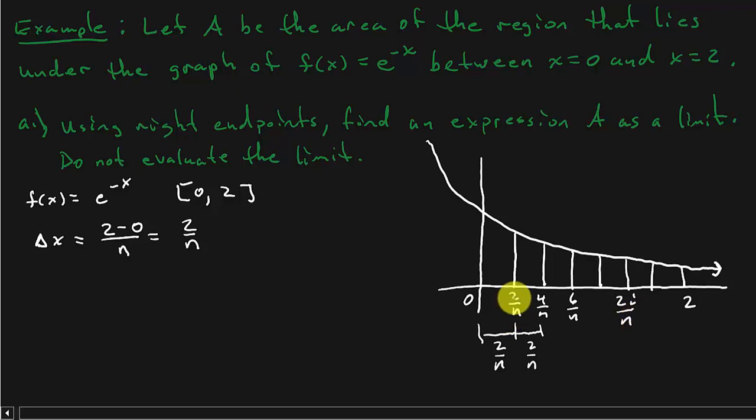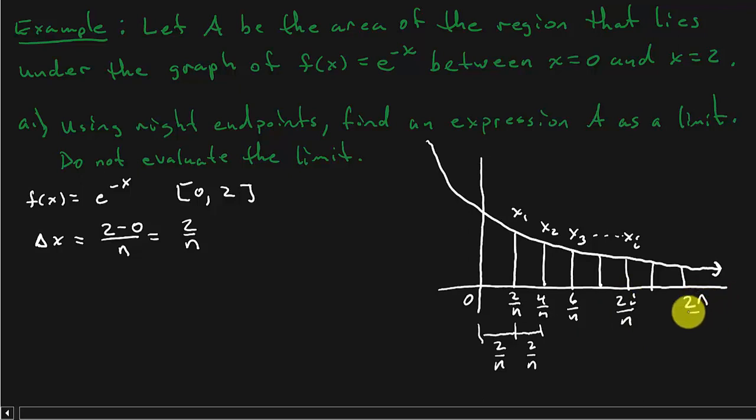See, this right here would be like your x1, x2, x3, and so on. This would be xi. See that? We just keep going. So it's basically 2 times 1 is 2, 2 times 2 is 4, 2 times 3 is 6, 2 times i, 2i over n, all the way until we get to 2.